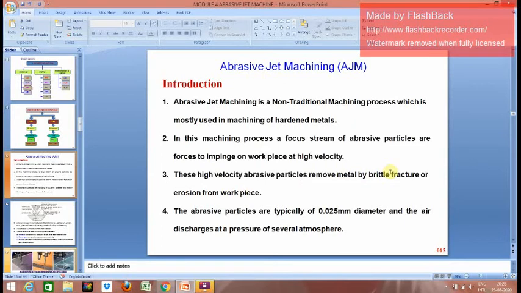Whichever material is used over here must be a brittle one, so that once the high velocity particles impinge on the surface to remove the unwanted excess material, it can easily get removed from that surface. That's why brittle types of material are preferred over here. The abrasive particles are typically of 0.025 millimeter diameter and the air discharges at a pressure of several atmospheres.